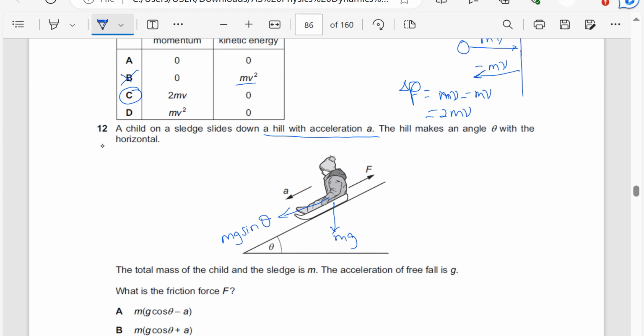Since there is an acceleration down the plane, the resultant force, which is ma, should be equal to the force down the plane, mg sine theta, minus F.